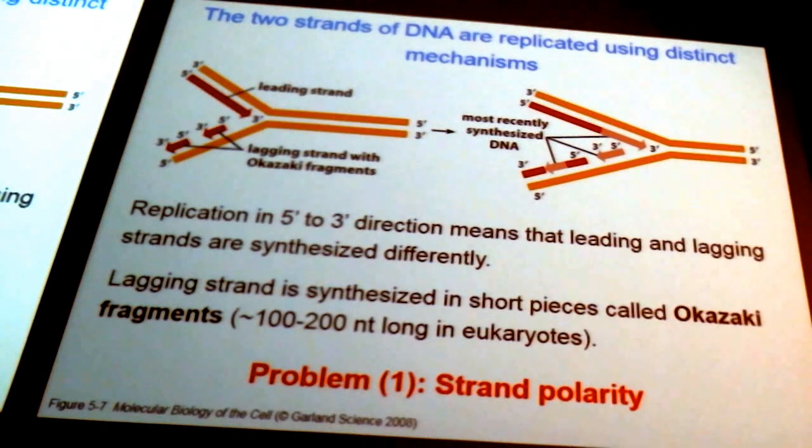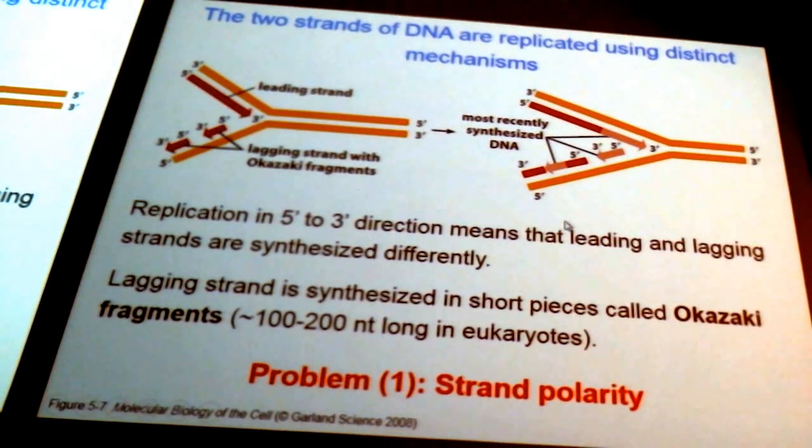You already know then that there are two different kinds of replication mechanisms that must happen. One of them, the polymerase just needs to start at the 5' and keep going. So that's 5' to 3' continuous. That's the leading strand. The lagging strand cannot be replicated in that way because the 5' end where it can start is still base paired and occupied.